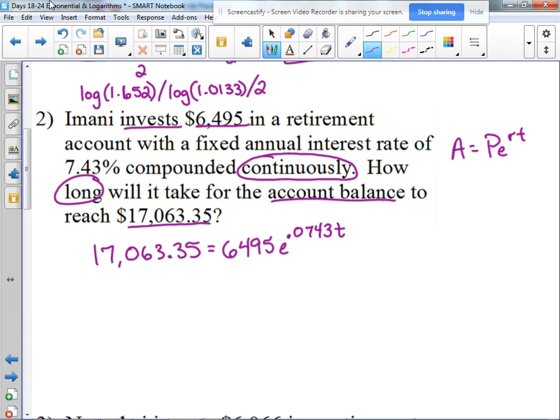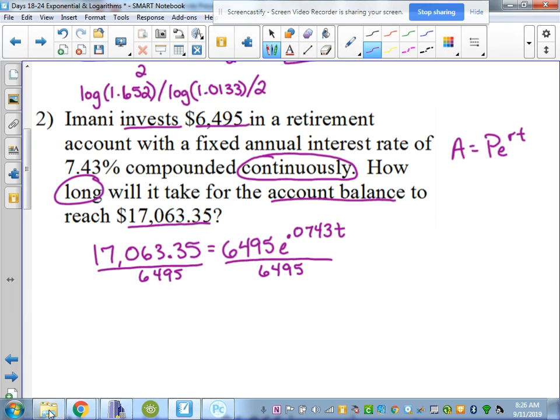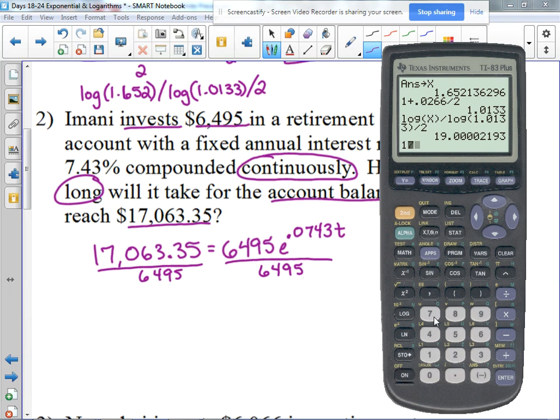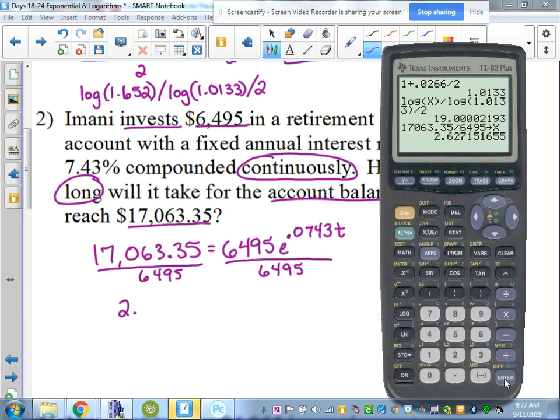So similar to what we just dealt with, we need to get the exponential expression by itself. So we need to divide by the 6,495. And we need to store that as x because it's probably not a nice, pretty number. 2.627. Yeah, I'm going to make a note that I stored that as x.